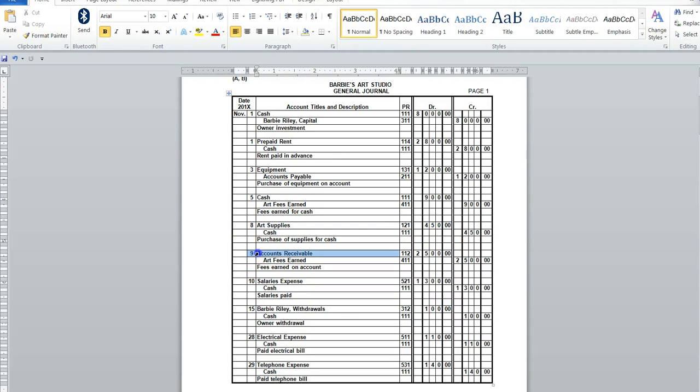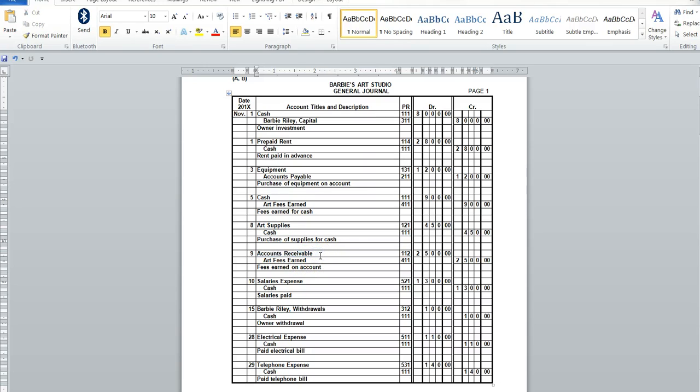Now we made another revenue transaction here for $2,500, and this we're selling now, but we're collecting later. So what we're doing is we've got a claim to somebody else's asset, so that makes that claim valuable to us, and that's why accounts receivable is an asset.